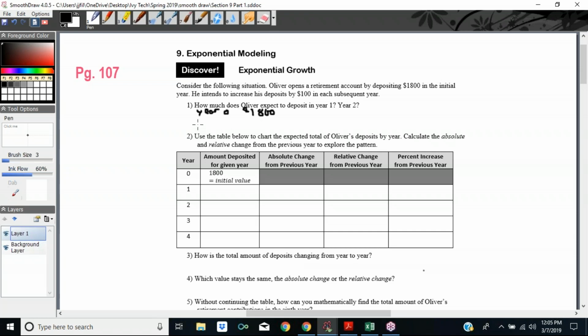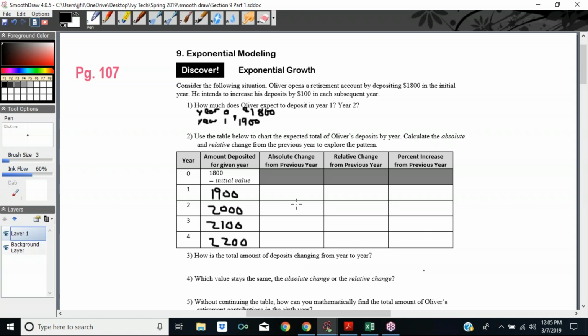So in year 1, if he's going to increase that by $100, how much is he going to deposit in year 1? Yes, don't struggle with that one, $1,900. And how about year 2? Year 2, $2,000, that's right. So let's finish this up here, $2,100 if I'm filling out the table, and $2,200.